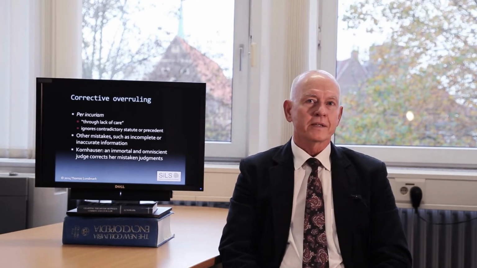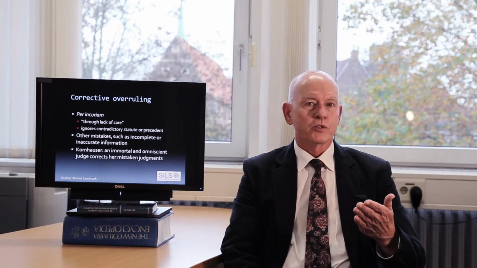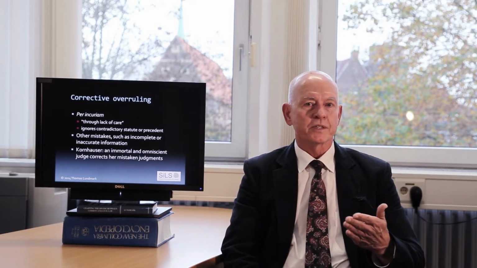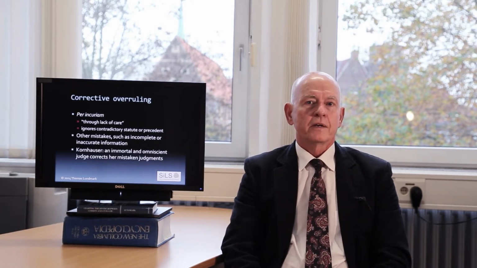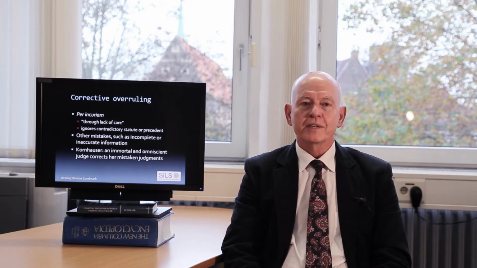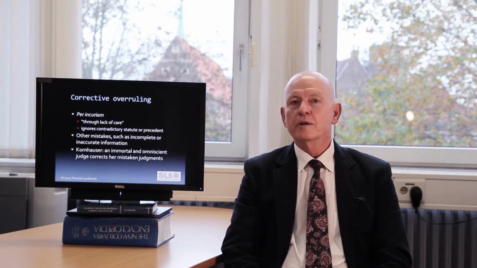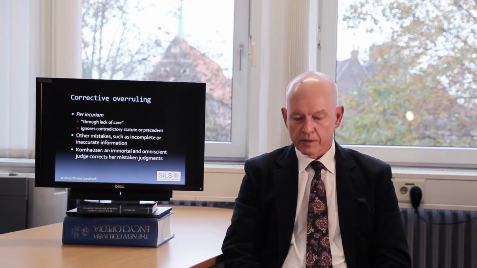That is when the appellate case that seems to apply a rule has ignored contradictory statute or precedent. But there might also be other mistakes, such as if the court had incomplete or inaccurate information. According to Louis Kornhauser, if you imagine an immortal, omniscient judge, she would correct her mistaken judgments. Therefore, we call that corrective overruling.